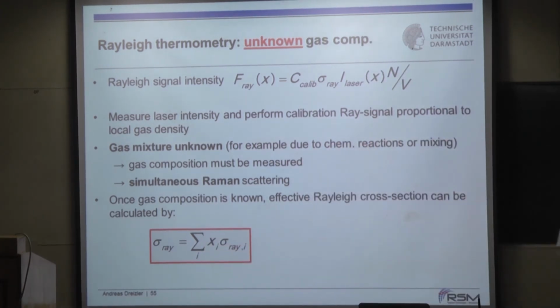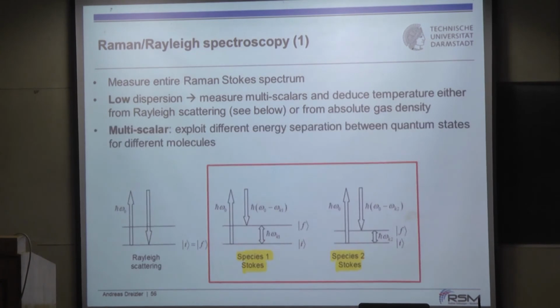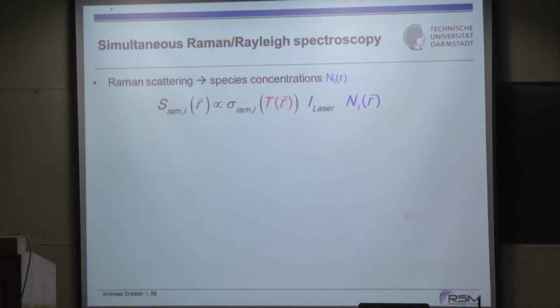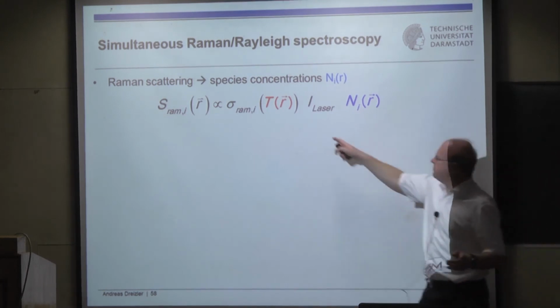Okay? That is the idea. And that is now done in the following way, because the Raman signal to get the concentration, the number density of this molecule, depends on the Raman cross-section. And the problem here is the Raman cross-section itself is temperature dependent.